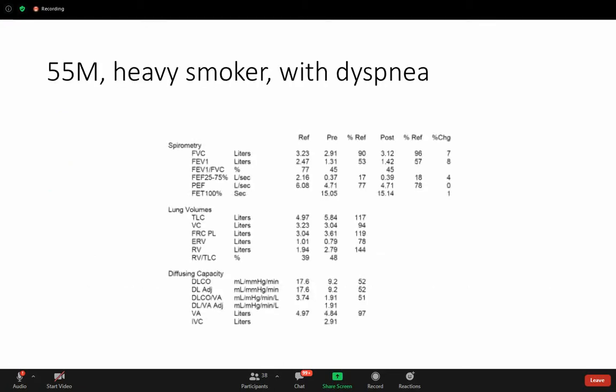Next. 55, heavy smoker with dyspnea. First things we look at, guys. Chop, chop. Should be very fast, this one. Ratio. Okay, so ratio here is 45% of predicted. Is this normal?